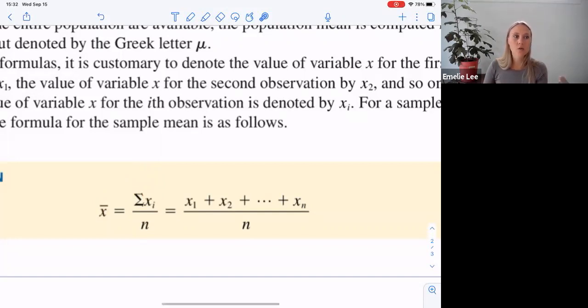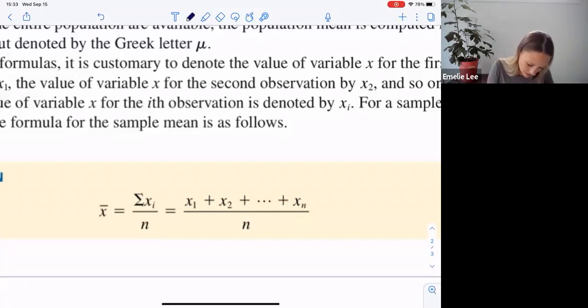And X is usually used to denote a data point, or in general, a data point. X1 is the first data point. X2 is the second data point, and so on, until you have Xn, because n is your sample size, right? And so until you've reached your last data point.